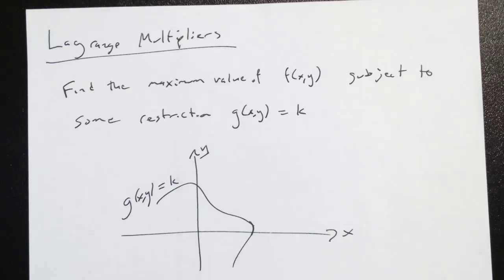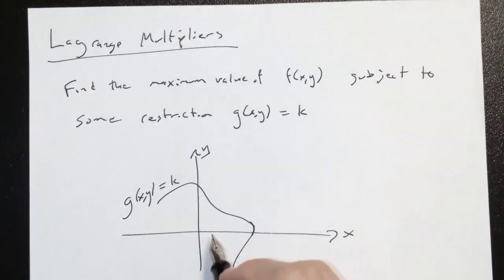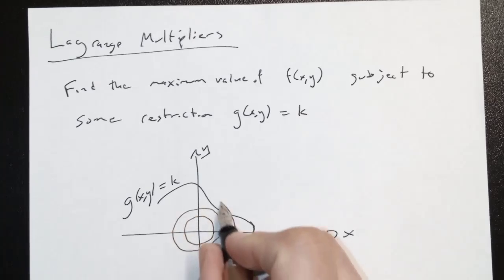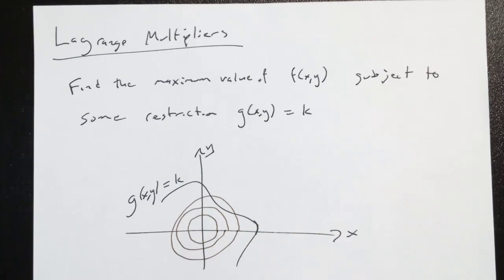It'll open upward. My paraboloid opening upward. Then all of its level curves, all of the contours for f of xy might look like circles. Right? Now I'm a horrible drawer, so we'll assume that those are concentric circles of different radii.